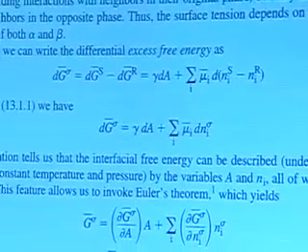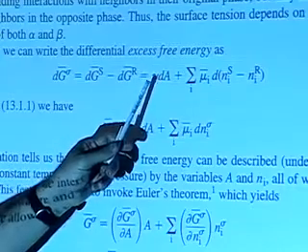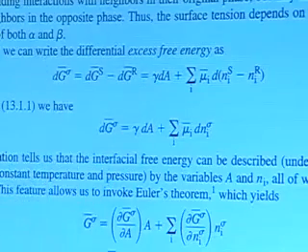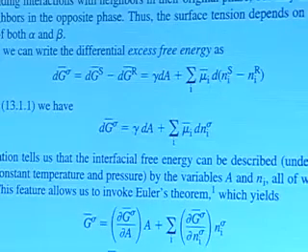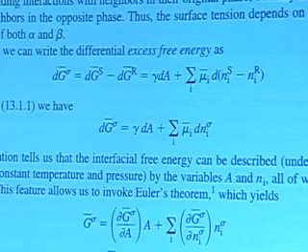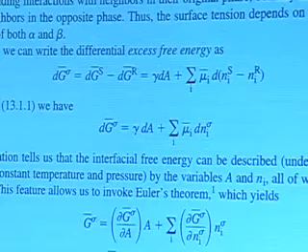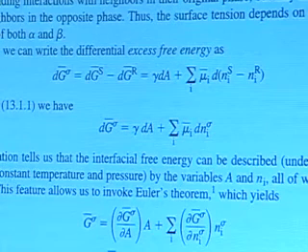Now we've made one more thing, where you remember there was a differential there of the derivative of G with respect to area. That partial derivative we'll define to be the quantity gamma, which we will call the surface tension. So the derivative of the free energy with respect to area is a defined quantity called the surface tension.